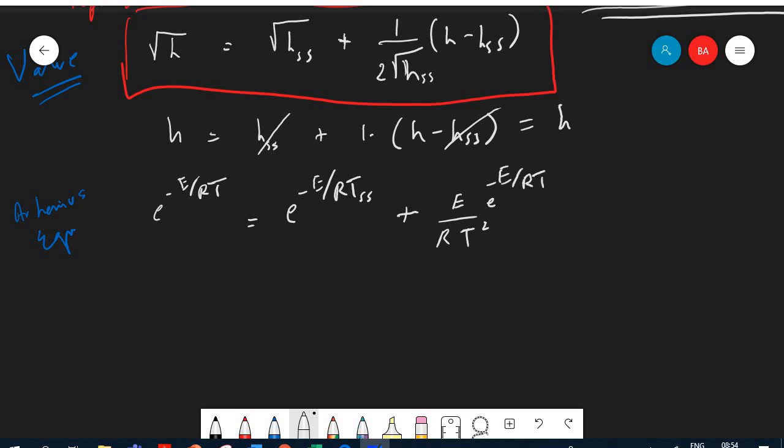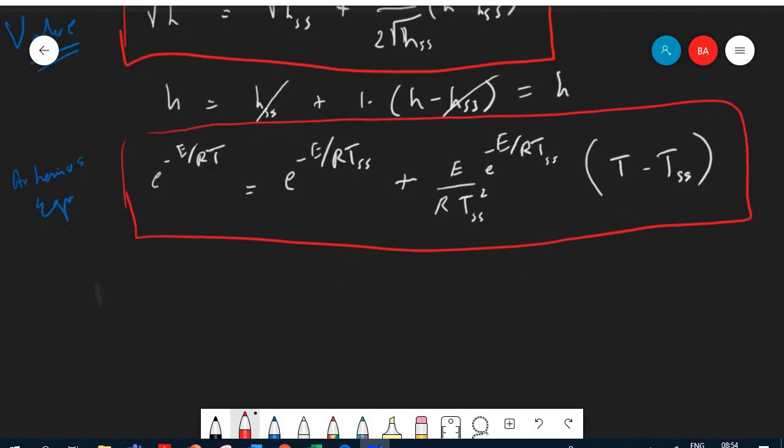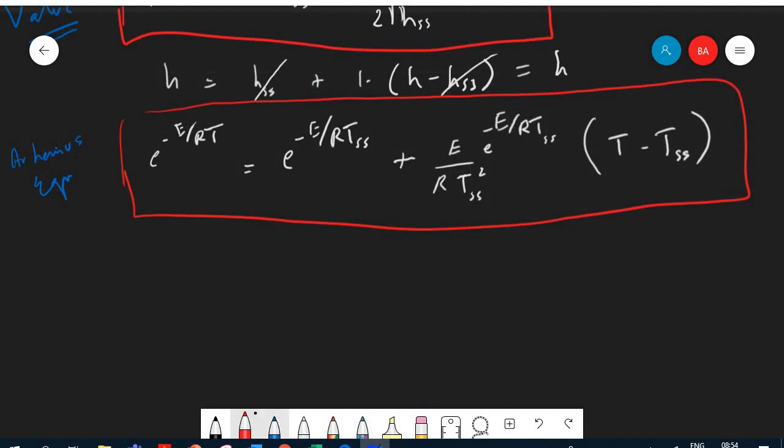So that is the derivative of that term here, and since we are talking about a steady state, it is evaluated at steady state, and this is multiplied by the difference, which is the T sitting inside this function minus the initial of that T, which is T minus steady state. Okay, so here I got it. So that is another approximation or linearization of an exponential term. So that is something else as well.